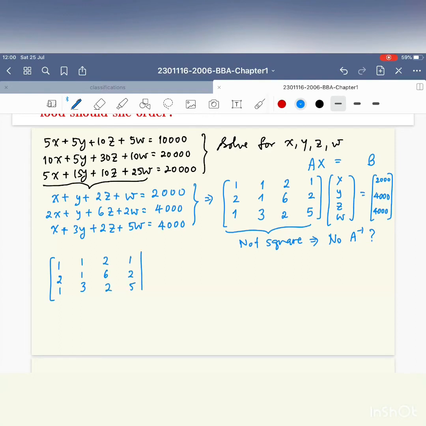and then attach it with your B. All right, and then as we told you, this is your first column. This is already 1, so you are going to get rid of the rest underneath.